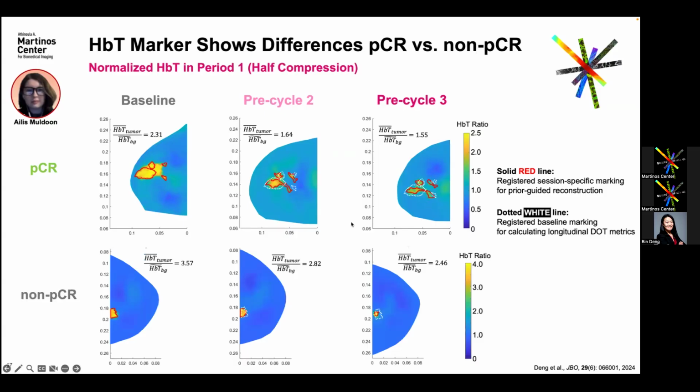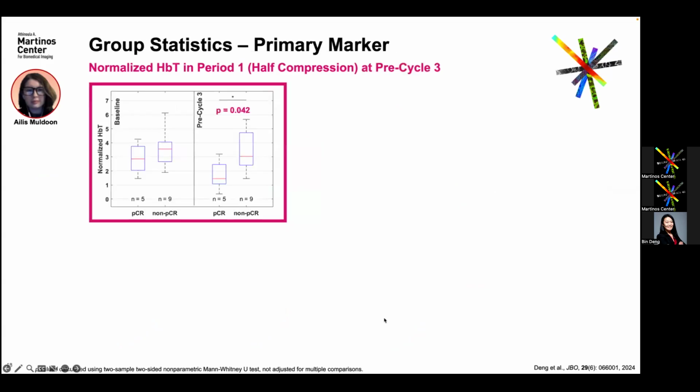In the second case, the lesion started not very big, but had very high HBT contrast. Over time there's a moderate decrease, but still at pre-cycle 3 there's pretty high contrast in the tumor, although the size has shrunk dramatically.